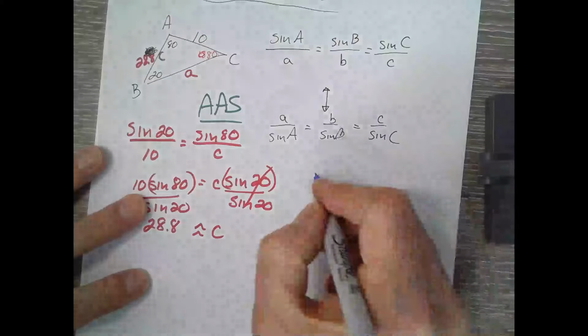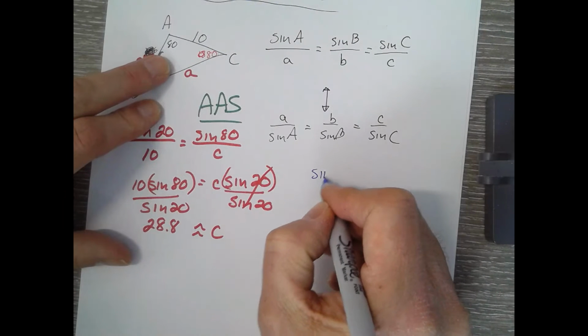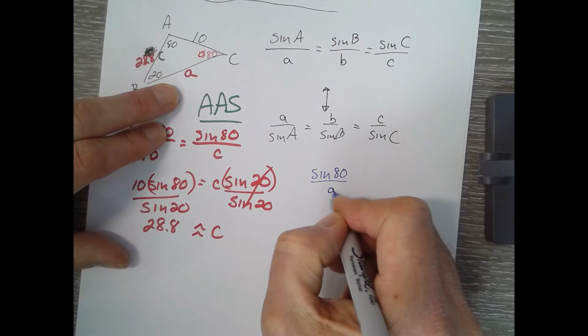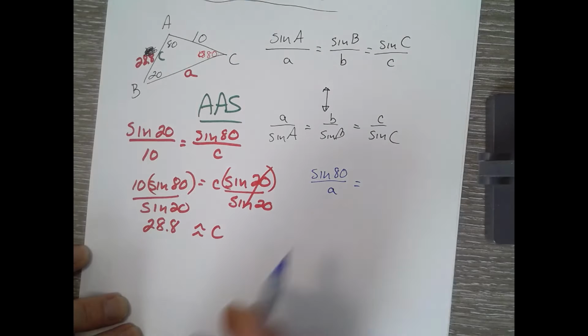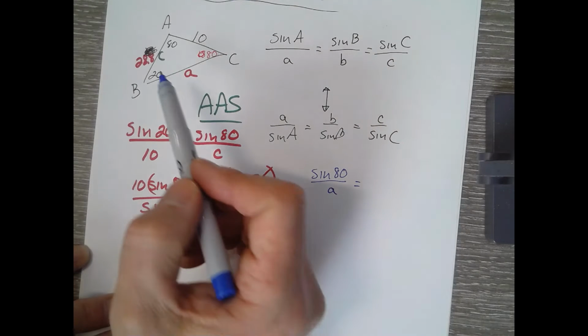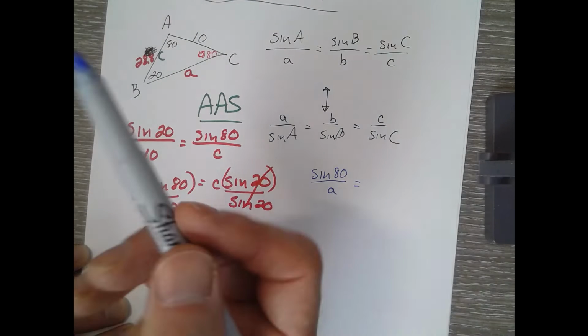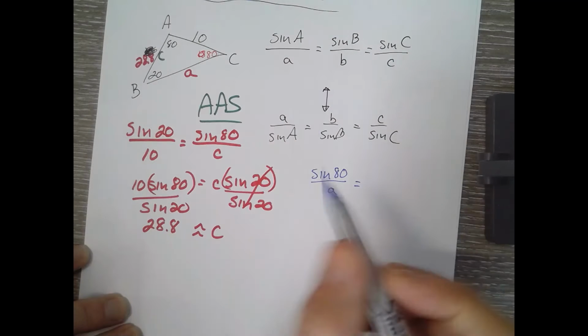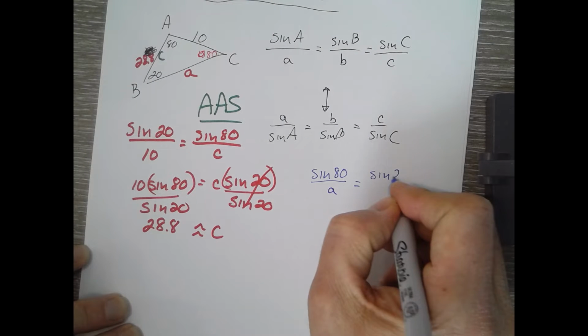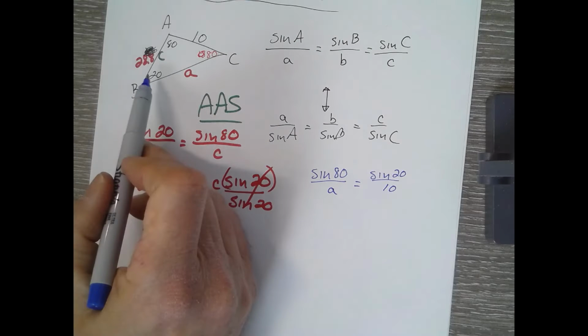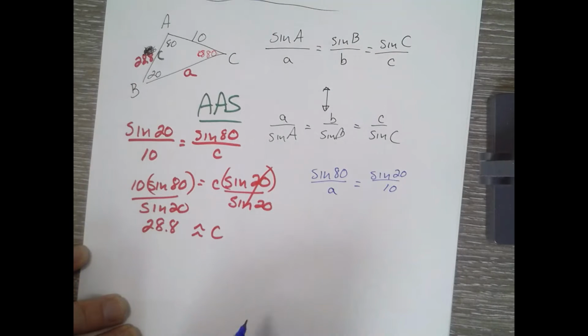So we for sure need to know sine of 80 over a. And if you're wondering which one to choose, it does not matter. So you could do sine of 20 over 10, or you could have done sine of 80 over 28.8.